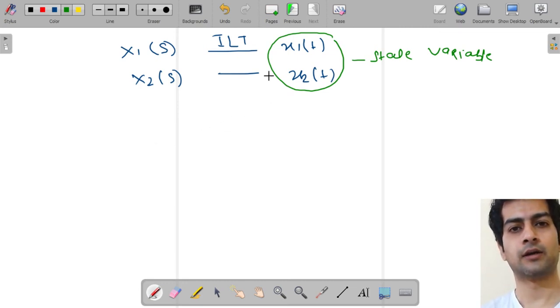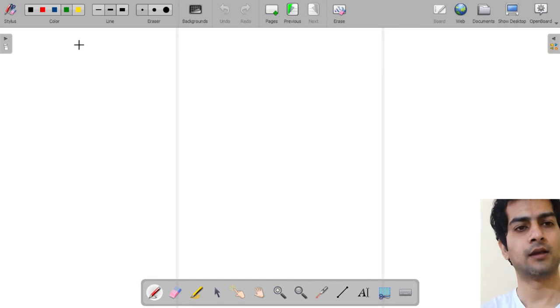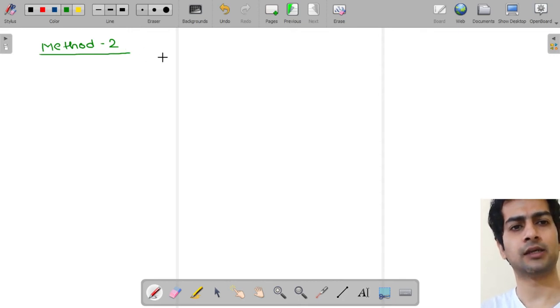Now coming to method 2. Now suppose you want to solve directly in the matrix form, then you can apply method 2. See, I will take an example and I will solve that example using method 1 and 2. So don't worry. So I told you that if you want to find the state variable directly in matrix form, then what you can do?